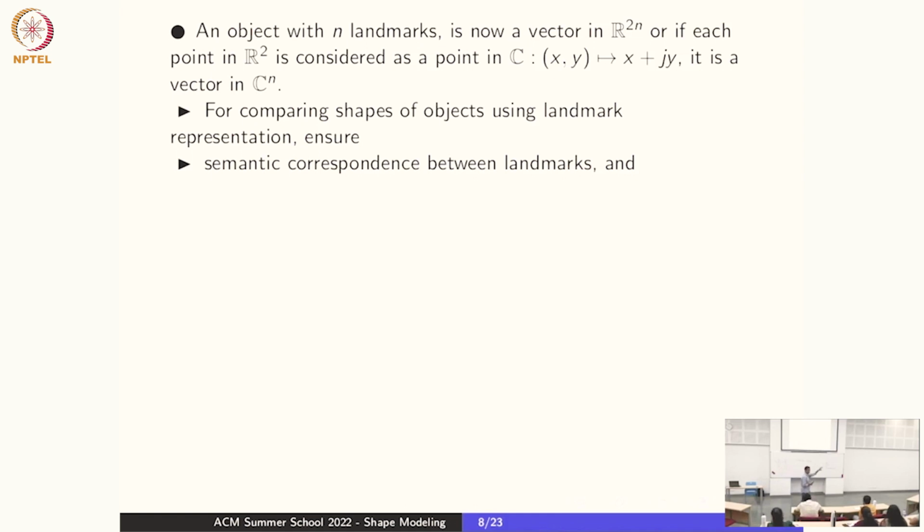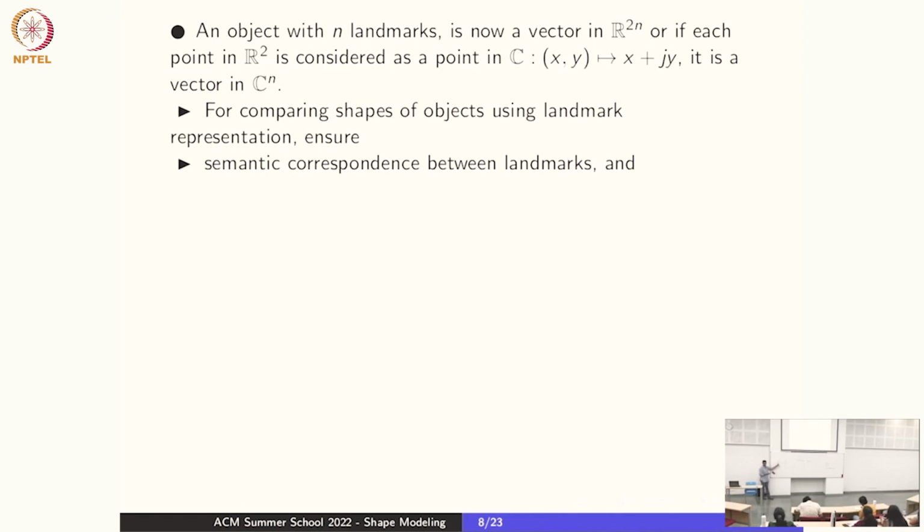So I am comparing the same landmark in this object with the same landmark in the other object. Make sense? Yes. Not only the starting position, but this landmark, whatever it signifies in the object, right?